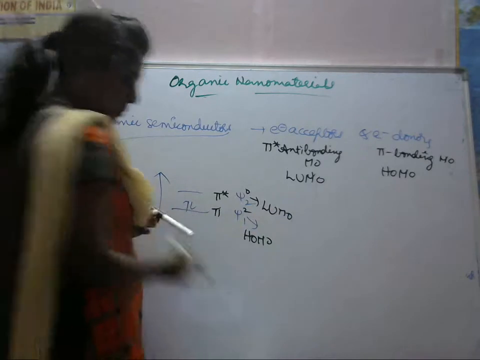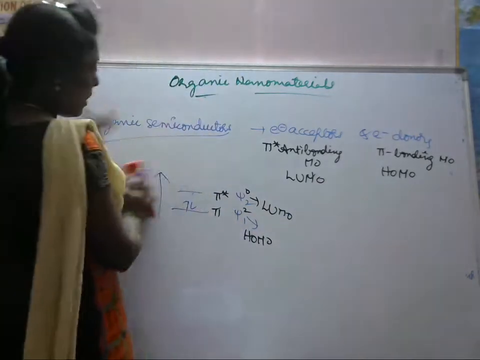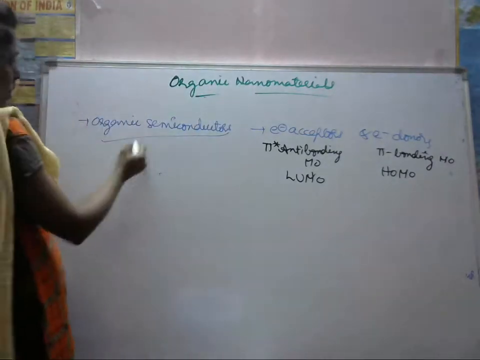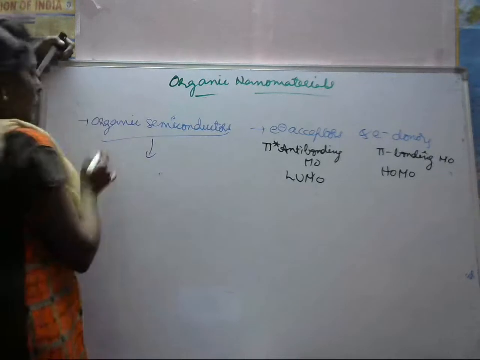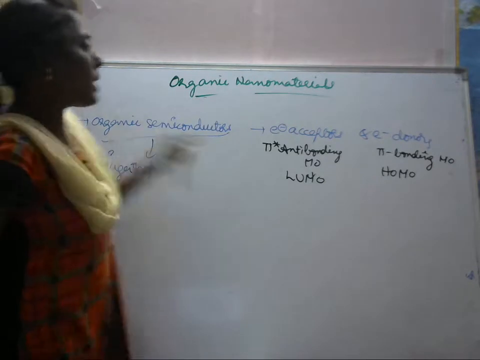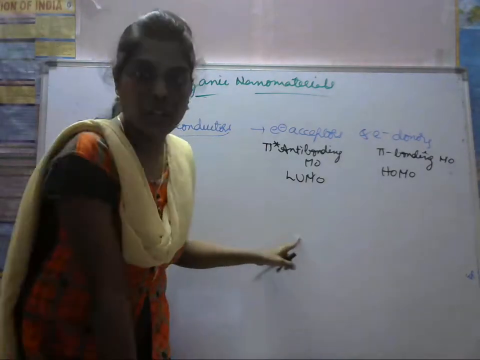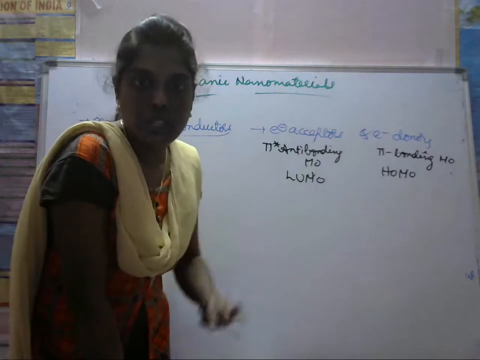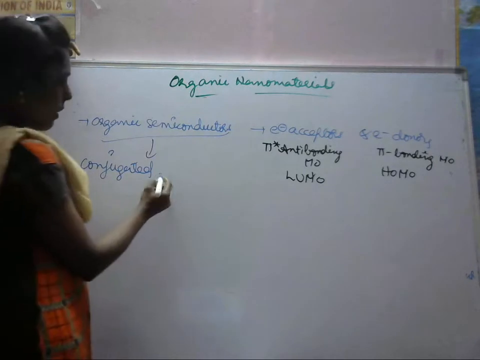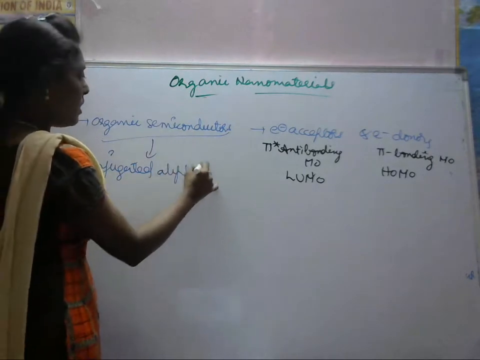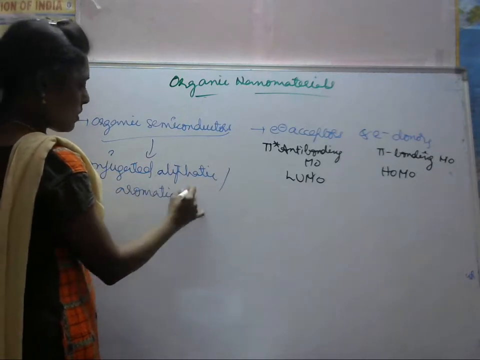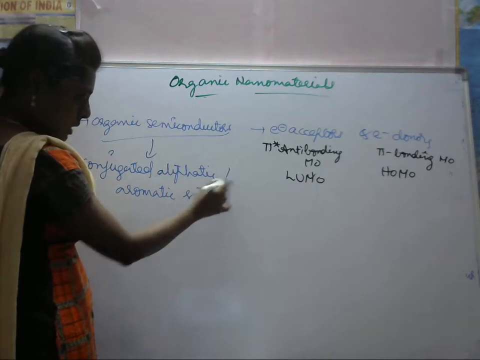For pi electrons to be involved, there must be pi bonds, which are present in conjugated aliphatic or aromatic systems containing pi electrons.